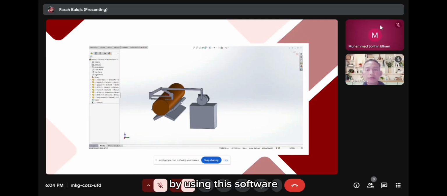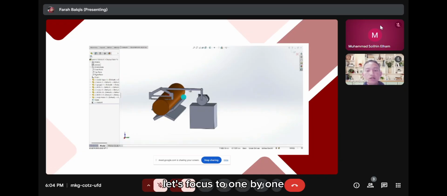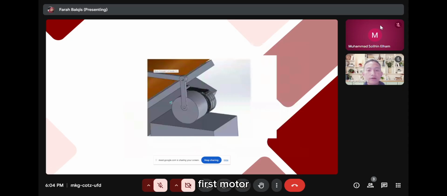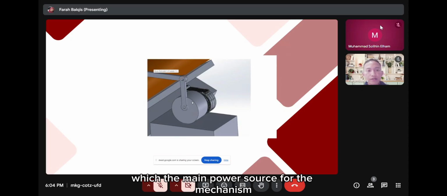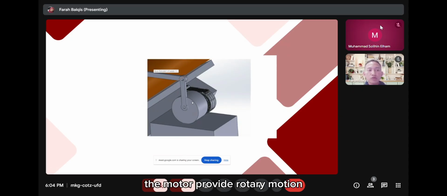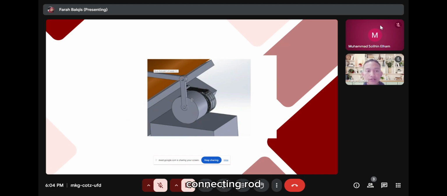By using this software, we managed to assemble all the components in our project. So let's focus on one point at a time. First, the motor. The model shows the motor and crank system, which is the main power source for the mechanism. The motor provides rotary motion, and it is attached to the shaft and the crank. A pin of the crank is connected to the vertical link connecting rods.